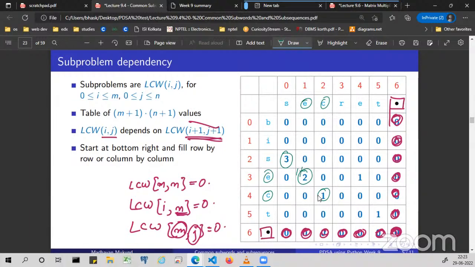What is I plus 1, j plus 1? This cell. So this was already 1. So 1 plus 1 is equal to 2. Likewise, when I come at this level, I get over here S is a match with S again. So again I write 1 plus I plus 1, j plus 1, that is this cell, which is 2 already. So 1 plus 2 is equal to 3. And if you see accordingly, SEC over here is a 3 length subword which is common.